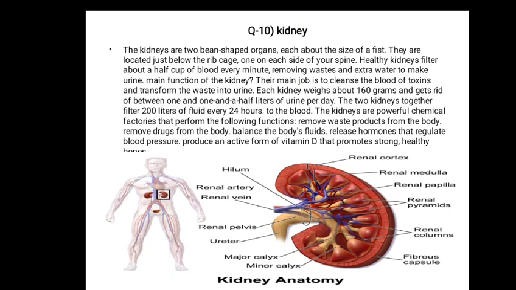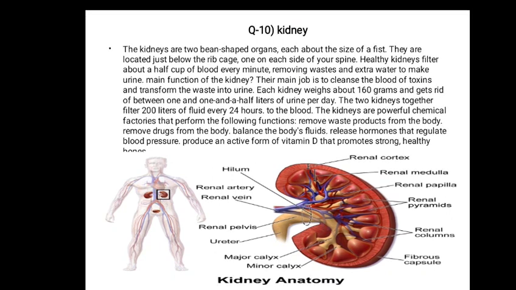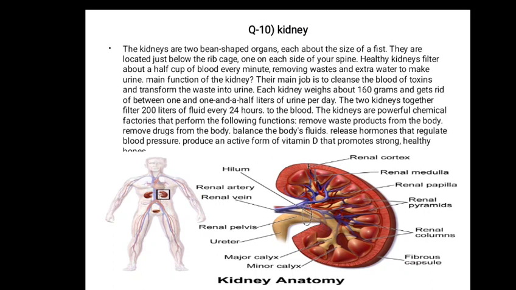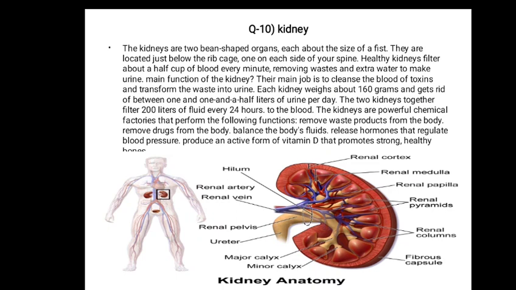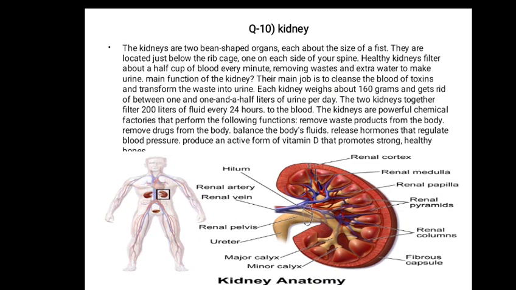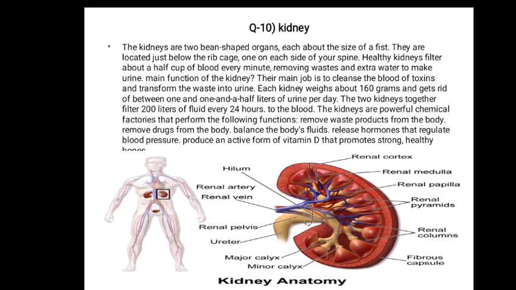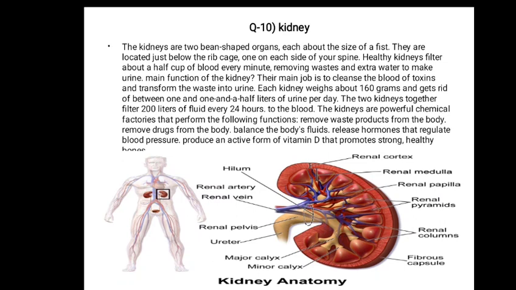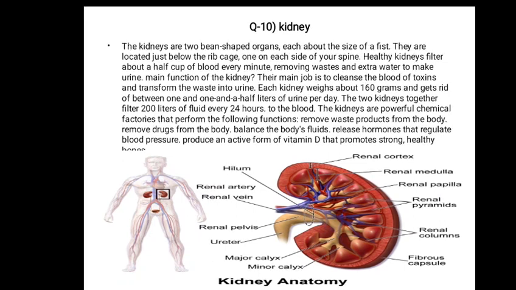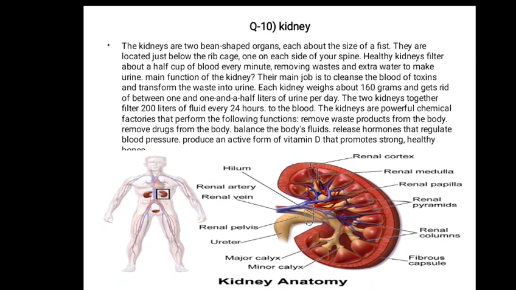Healthy kidneys filter about half a cup of blood every minute, removing waste products and extra water to make urine. Main functions of the kidney means the toxins and transfers the waste into the urine.